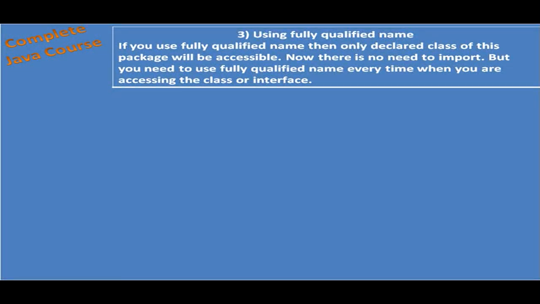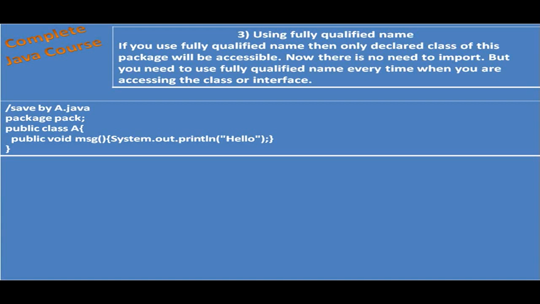Now number three is using the fully qualified name. If you are using a fully qualified name, then only the declared class of this package will be accessible. Now there is no need to import, but you need to use the fully qualified name every time you are accessing the class or interface.